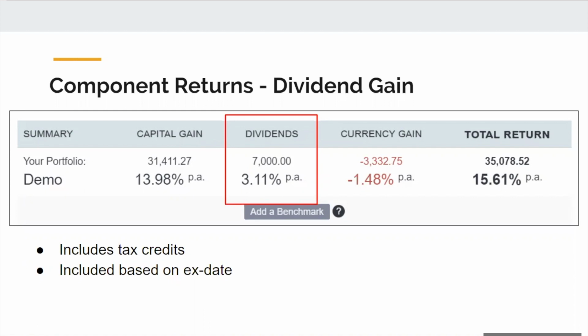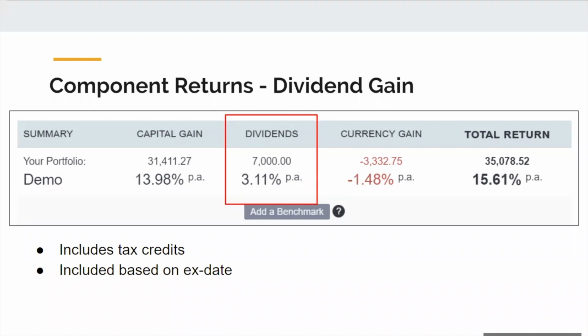And I think we often find that when Sharesight customers get their portfolios set up into Sharesight, they're kind of surprised at just how significant the dividend component is. I think one reason for that is that often a way to assess the dividend gain for a company is to look at the dividend yield that might be published, and that's looking at basically the dividend payment in cents per share divided by the current share price.